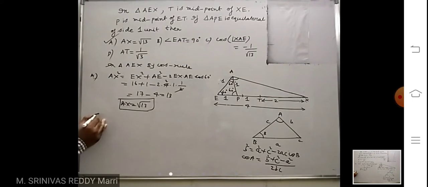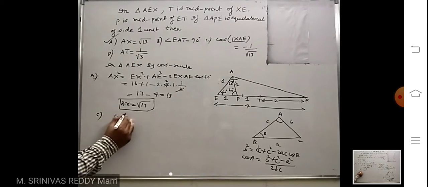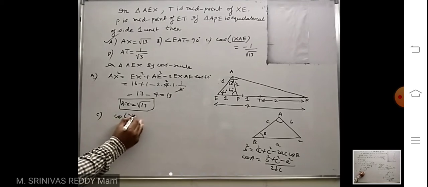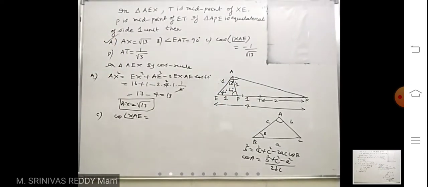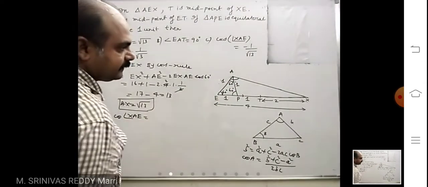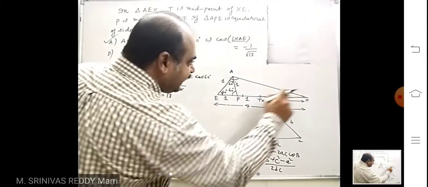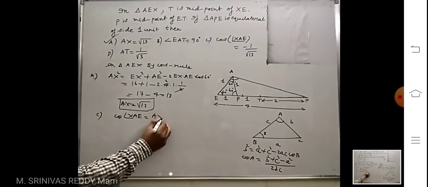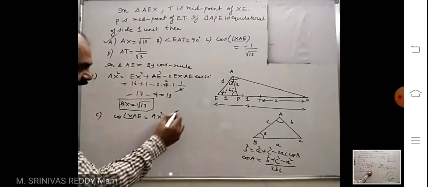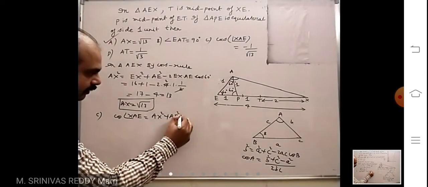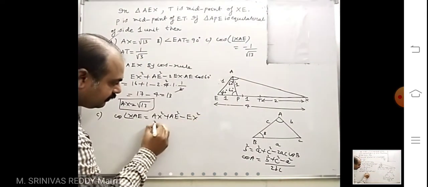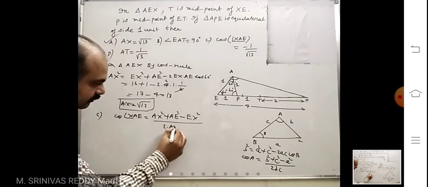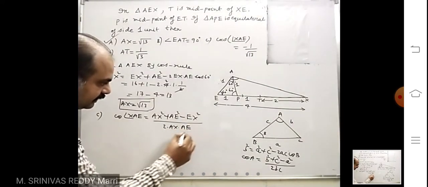Suppose you take option C, cos of angle XAE, that means this angle. That equals, with the included sides: AX square plus AE square minus the third side EX square, divided by 2 into AX into AE.